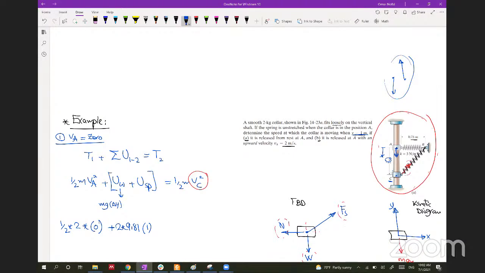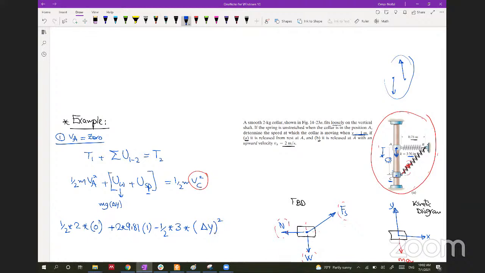All right, so the next is the work done by the spring. We know that the work done by a spring is always negative, so it will be negative half multiplied by K, and the K of the spring is given as 3 Newton per meter, multiplied by S2 squared minus S1 squared, or multiplied by delta Y squared.